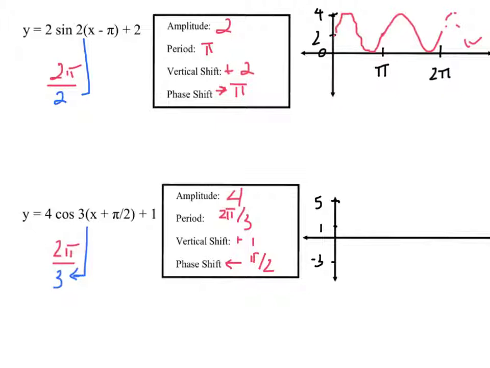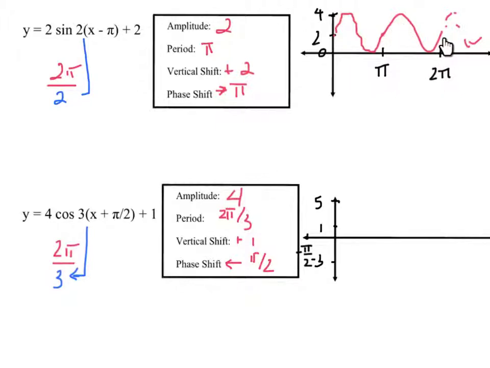Since it's been shifted back pi over 2, I put that in here, negative pi over 2. Now the one thing that we had to do up here is we had to figure out where it ended. It was easy because we started at pi, that was our shift, the period was pi, so we said, well, if it starts at pi and the period's pi, it ends at 2 pi.